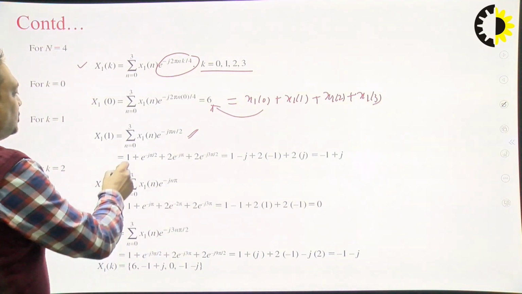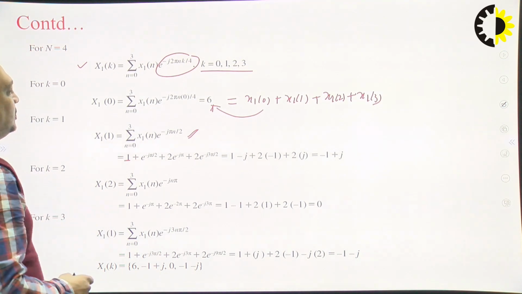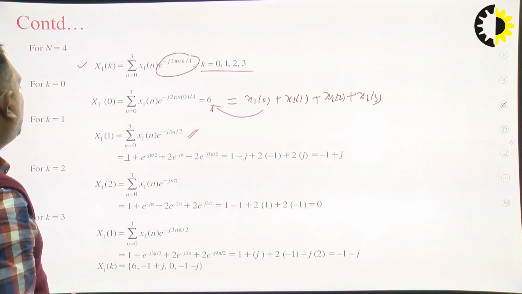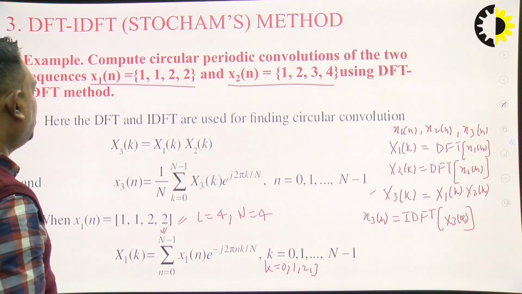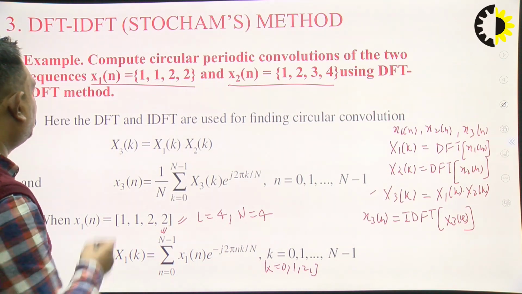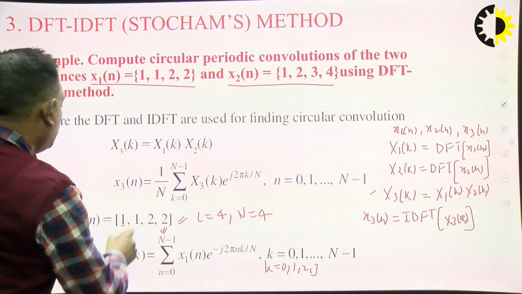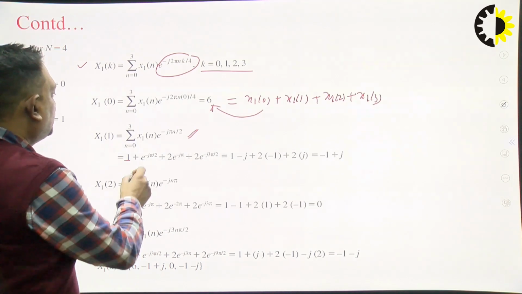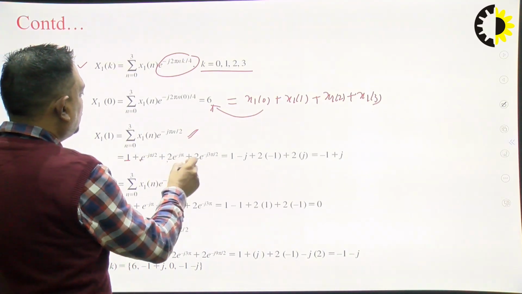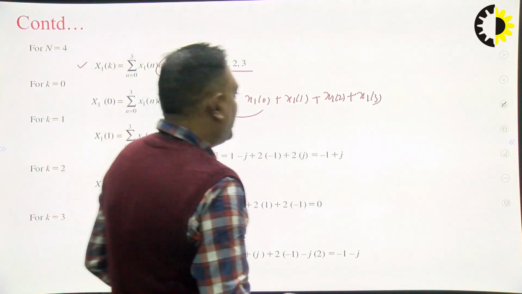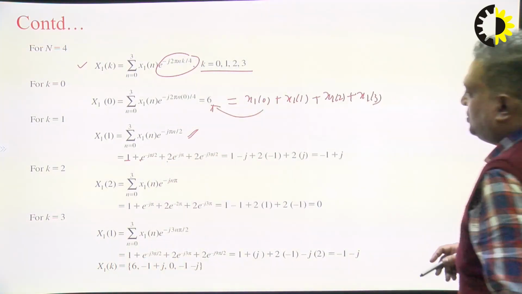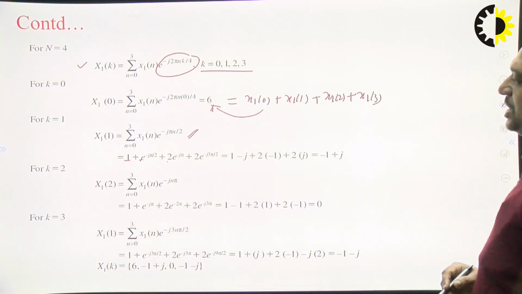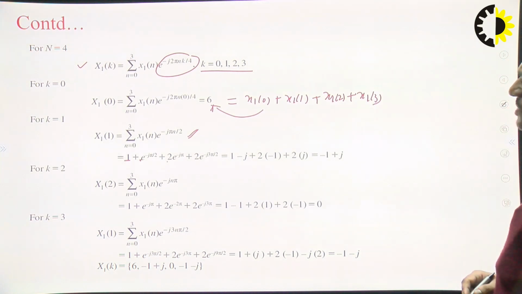Okay. So the value of x10 is 1. You can see from here the value of x10 is 1. X11 is 1. So this will become 1, then 2, then 2. Now e to the power minus j pi by 2 is cos pi by 2 minus j sin pi by 2. E to the power minus j pi is cos pi minus j sin pi.